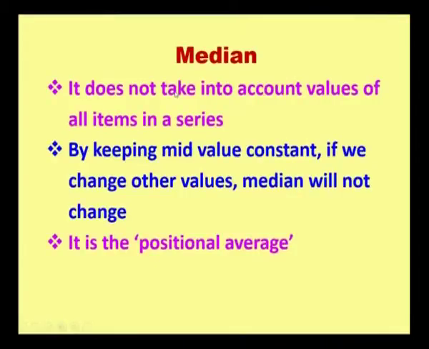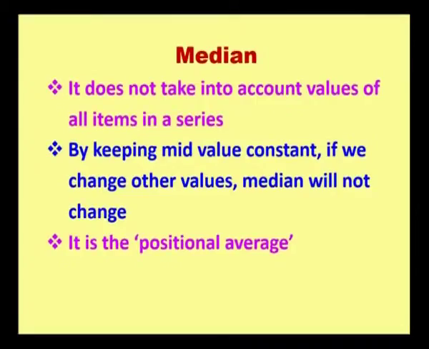We have been discussing the median. It does not take into account values of all the items in a series, and by keeping the mid value constant, if we change other values, the median will not change. See, it is a mid value, and therefore, suppose the left hand side value or the right hand side value is changing, still it is the median.